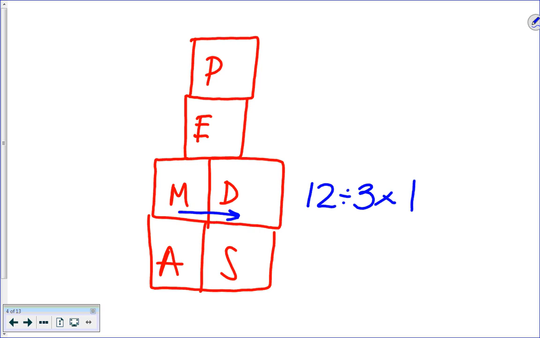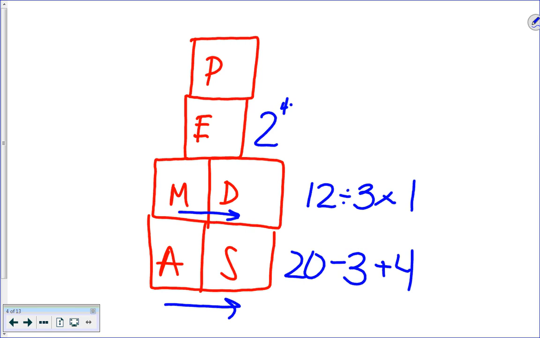They just go from left to right. So if I would have something like this. In this case, you're going to do the subtraction first because you're just going from left to right. Exponent. It looks like this. It's like 2 to the 4th power. That's my exponent.